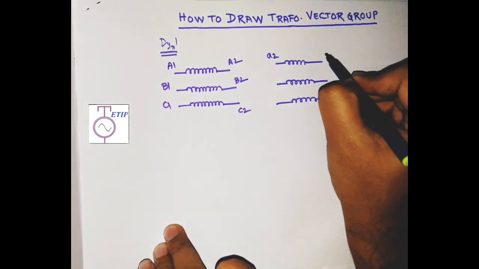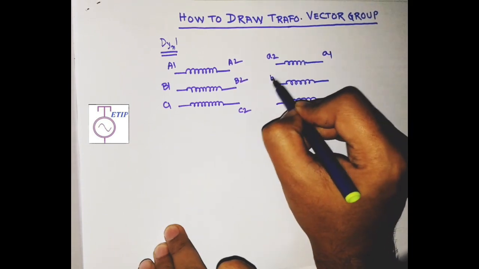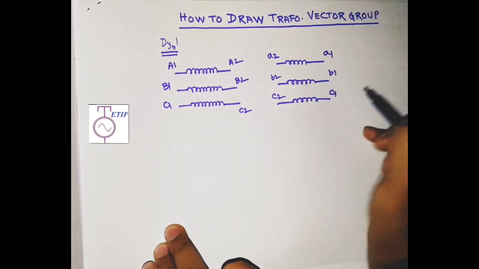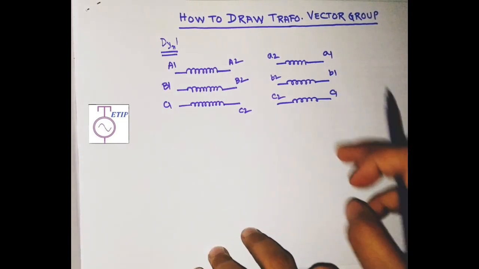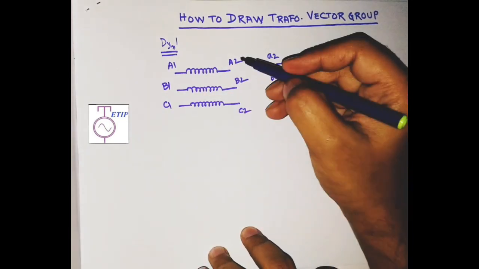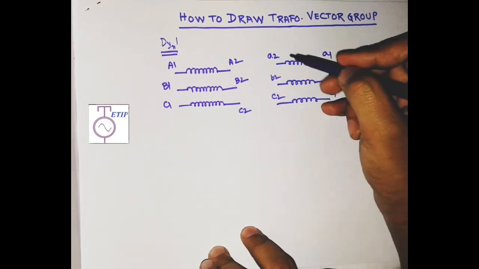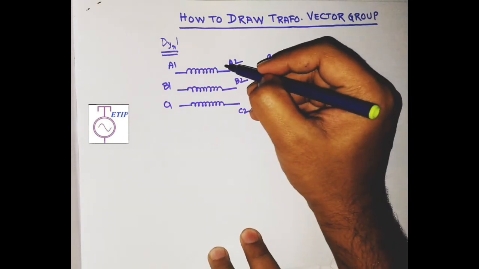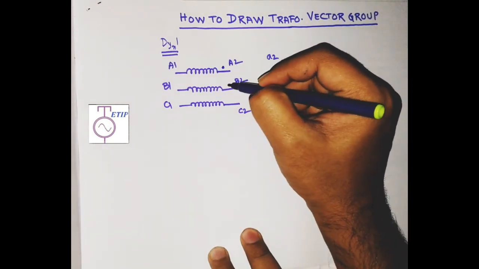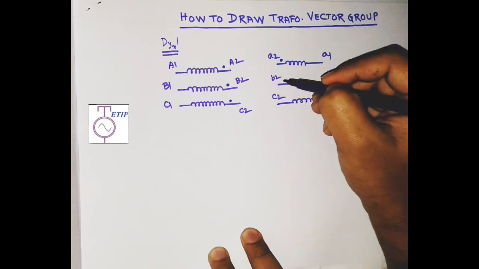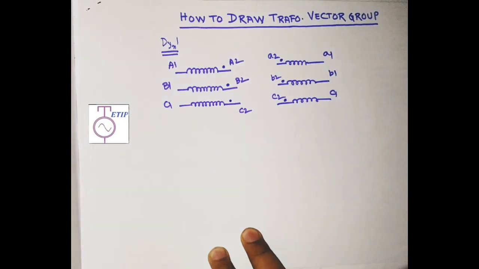This is A2, A1, B2, B1, C2 and C1. Now this terminal marking has a significance that all the terminals named with 2 will have same polarity. That means if you mark the polarity point here in secondary winding, the polarity will be this point.